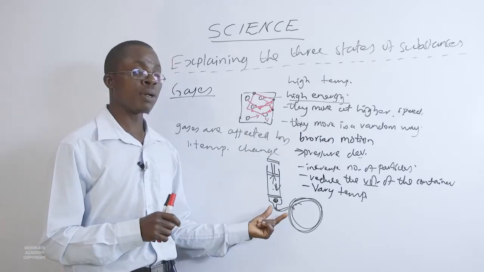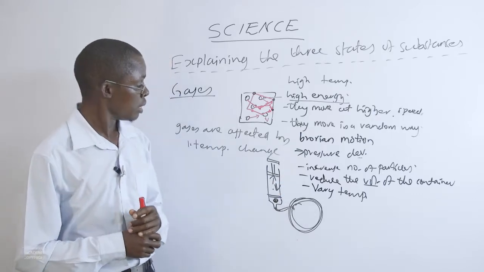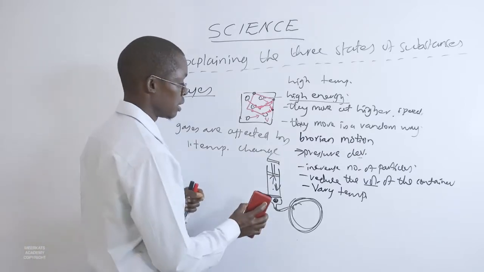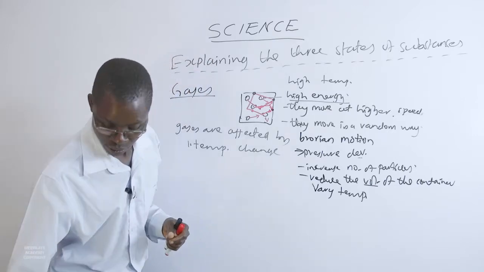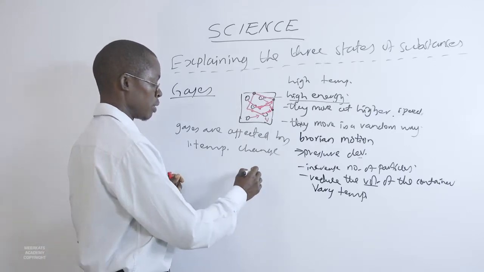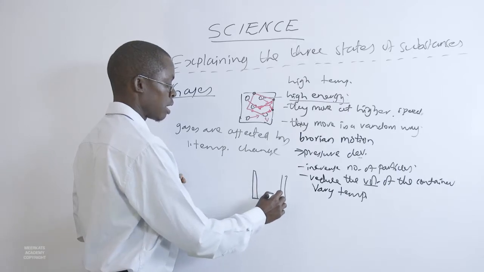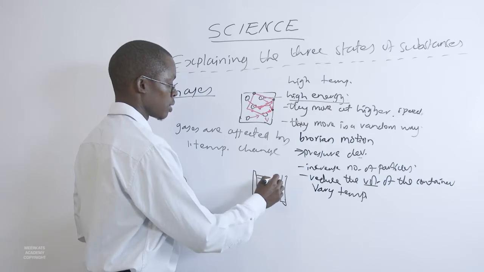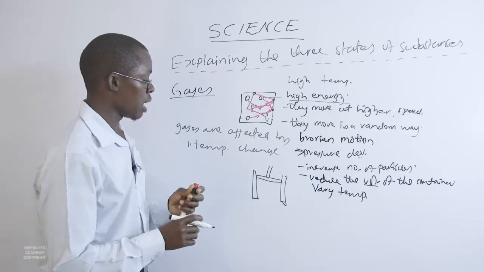Another thing that you can apply when it comes to the pressure of a gas is looking at a car engine. Let's look at a car engine. A car engine has what we call a piston. This is where the magic starts. It has a piston, several of them if it's a car.